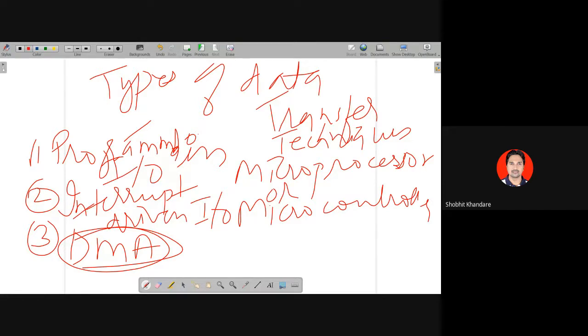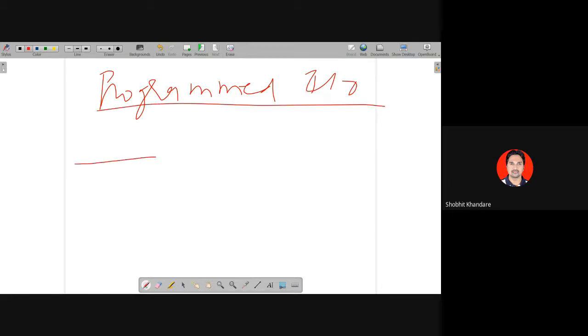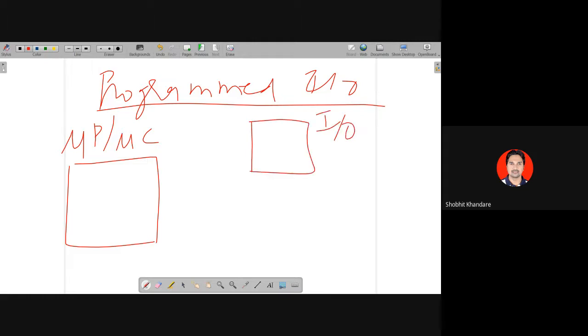Okay, so here when you talk about the programmed IO, अब इसका सिनारियो क्या पहले देखो. At one side you have microprocessor or microcontroller. At other side, you have IO device.